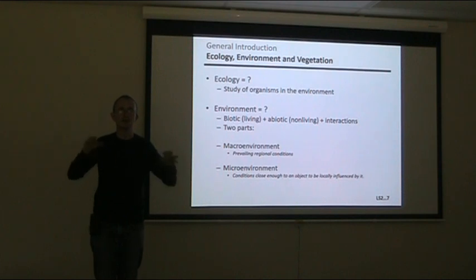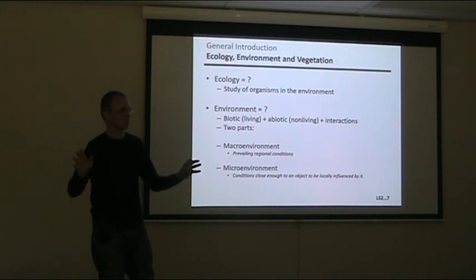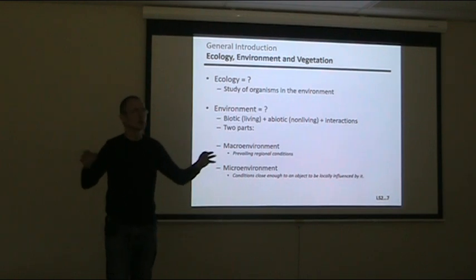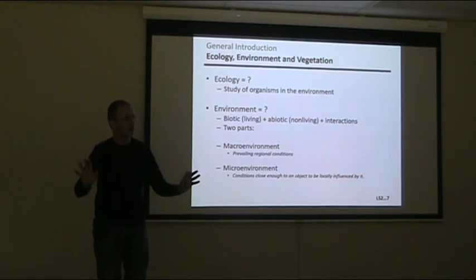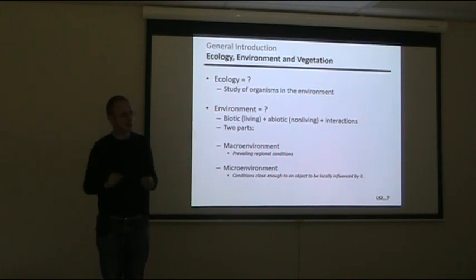But if you are on a south-facing slope near a seep, for example, you have year-round water availability from the seep, not due to year-round rain, so those are similar microenvironments. Same light, same water availability, even though the macro environment is different.